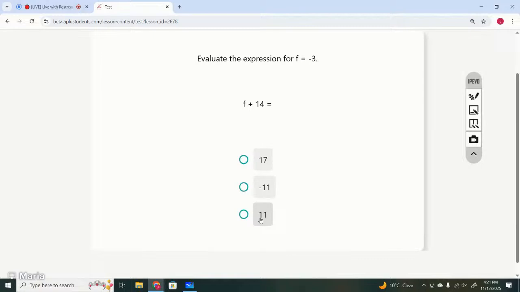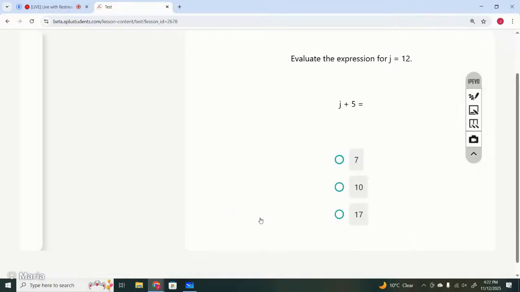So which is the correct option? Eleven it is. Option number 3 is the correct option.